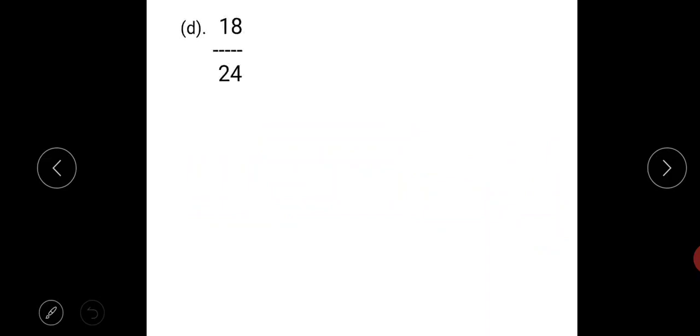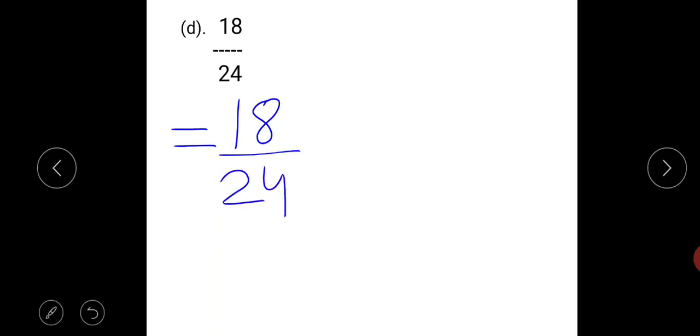Second is 18 upon 24. You know 18 and 24 divisible by 2, 3 and 6. So let us start with 2. We can divide by 3 also or 6 also.